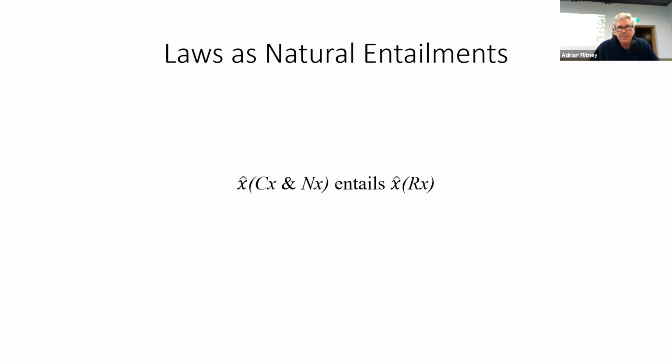So lambda x, or x hat, being an x such that the system is in a certain situation, like near the surface of the Earth, a moderate sized body, and everything is in natural conditions, entails that being something such that that relationship will hold.